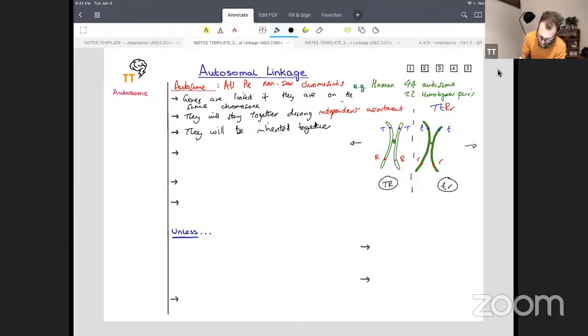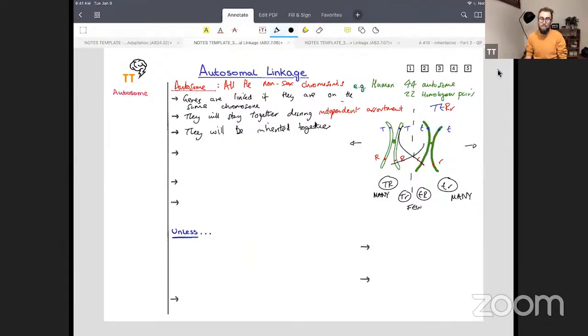We'll get a few, if crossing over takes place here, we could get a few of these, and we could get a few of these, but crossing over doesn't happen every single time. It certainly doesn't happen between those two specific gene loci every single time. So we have many of these and many of these, and we have few of these.